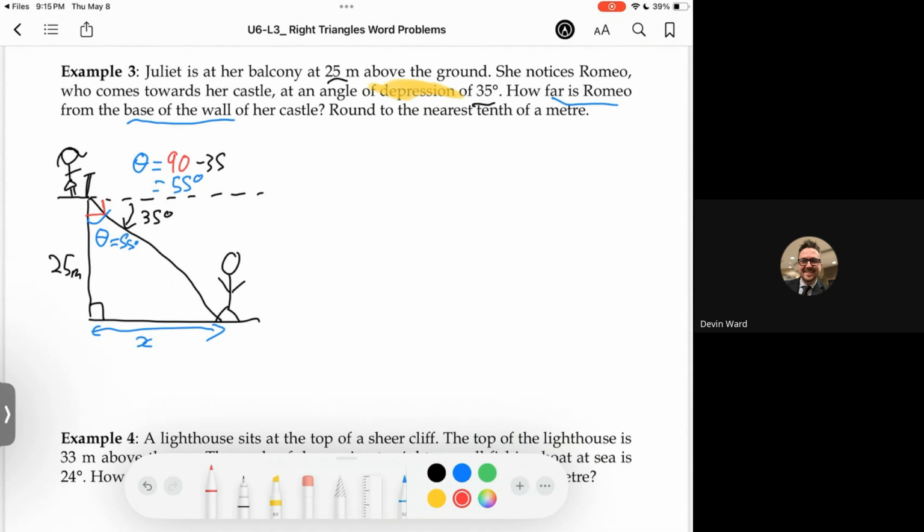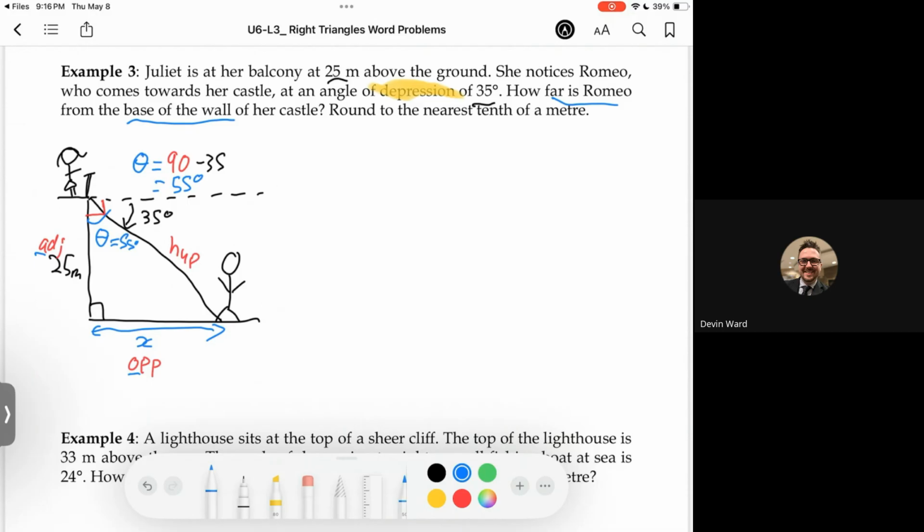Now, last thing I want to do is identify opposite, adjacent, hypotenuse. My hypotenuse is always across from the 90. My angle theta is in the top left up here, so that means that x is on the opposite side of theta, and 25 is adjacent to theta. I'm looking for my opposite. I have an adjacent side.